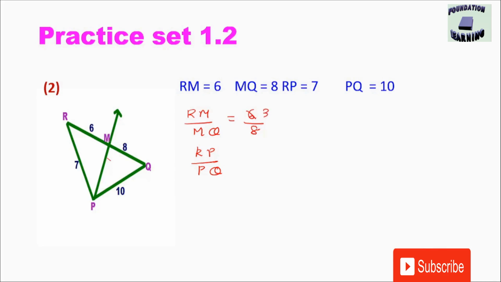So 2 3s are 6, 2 4s are 8. So we got RM upon MQ as 3 upon 4. How much is RP? RP is 7, PQ is 10. It's not cancelling. So the ratio is 7 upon 10. Therefore, the sides are not in proportion, so PM is not the bisector.